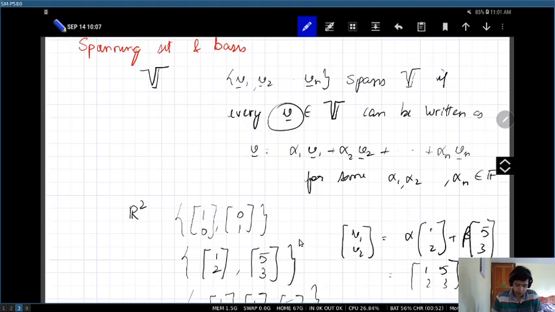So a spanning set is any set of vectors which through linear combinations can get you to any other vector in the space. On the other hand, a basis for a vector space is the smallest such set. So it is the smallest spanning set for a vector space.